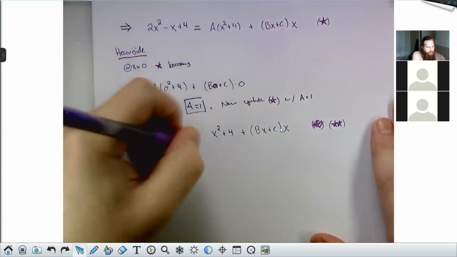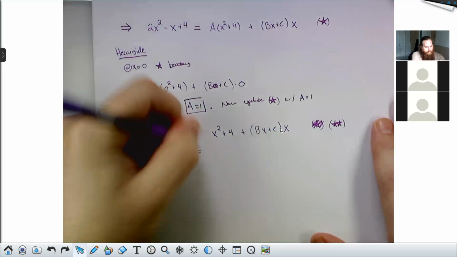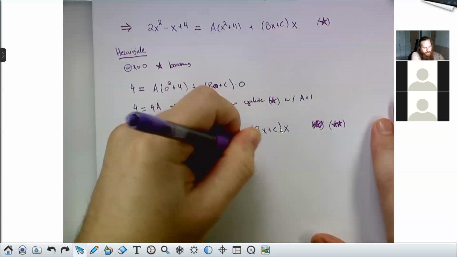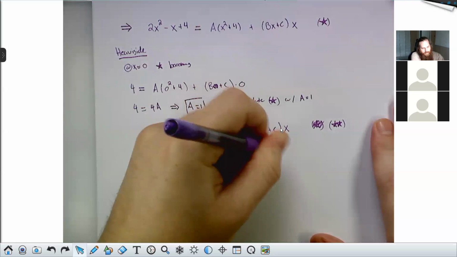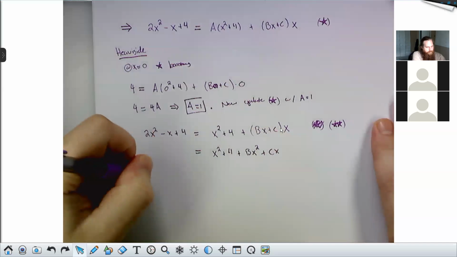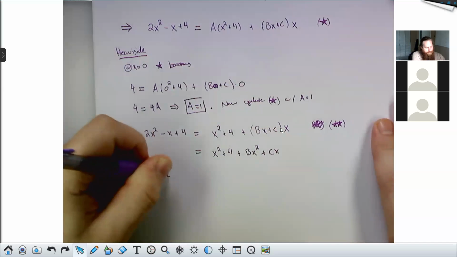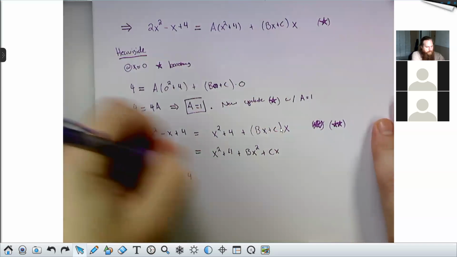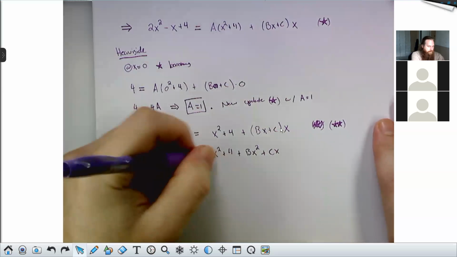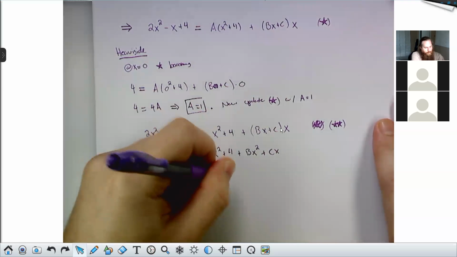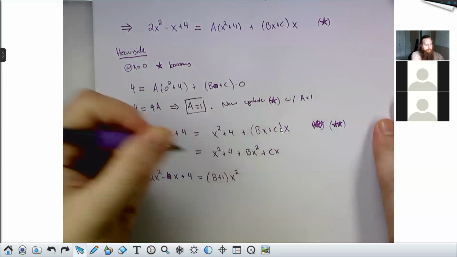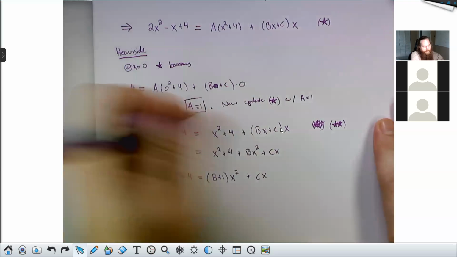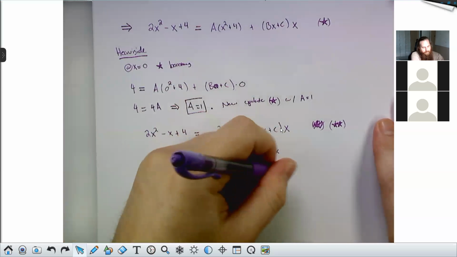So let's do it. If I multiply everything out here, I'll get x squared plus 4 plus bx squared plus cx, which means 2x squared minus x plus 4 is equal to, well, let's see, x squareds, I have b plus 1 of them. X's, I have c of those. And constant terms here, I just have plus 4.